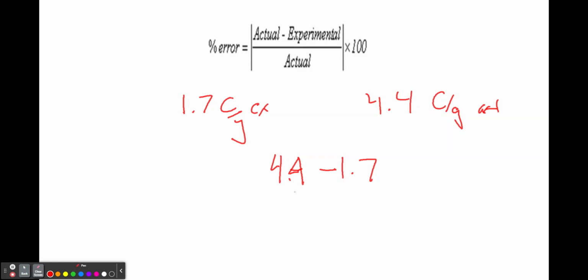That comes to 2.7. And you divide that by the actual, which is 4.4. And I get 0.614. I multiply that by 100% and I get 61%.